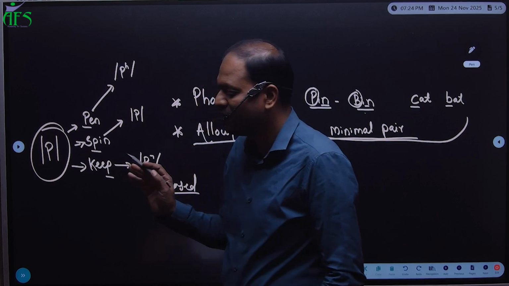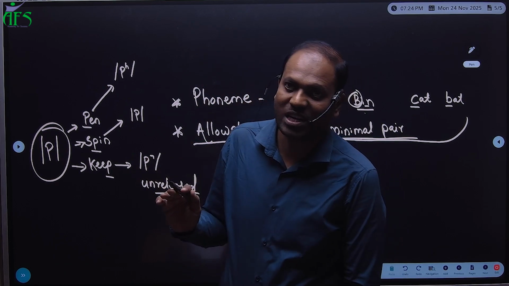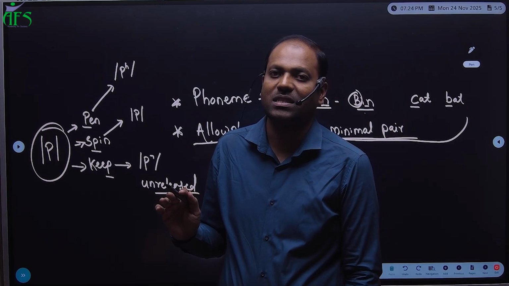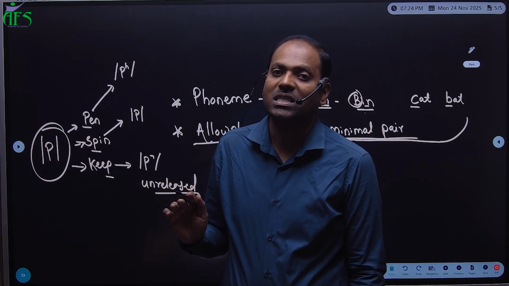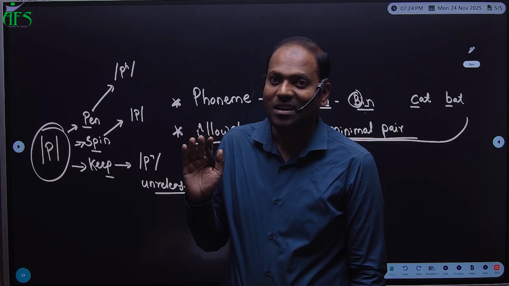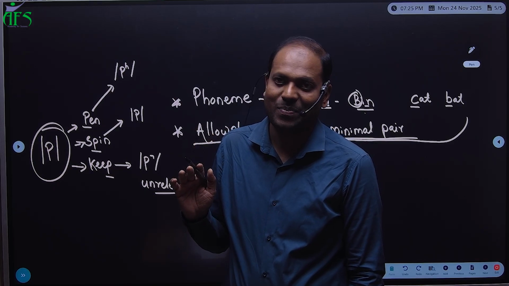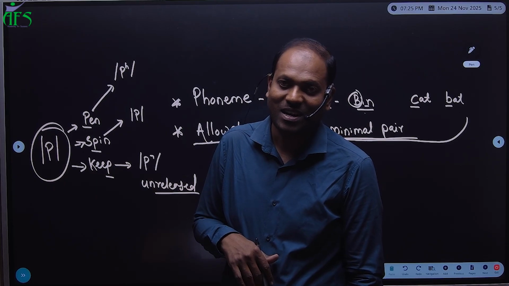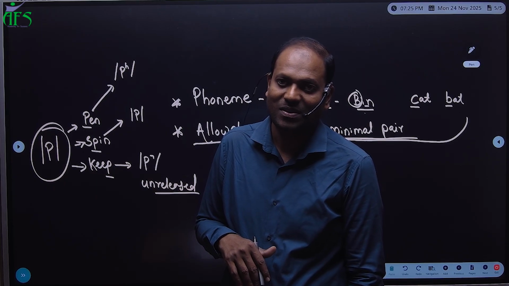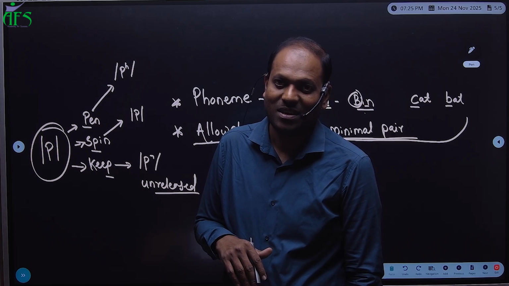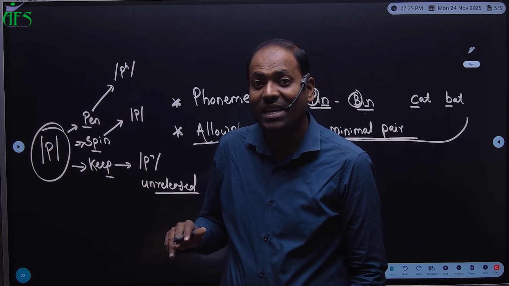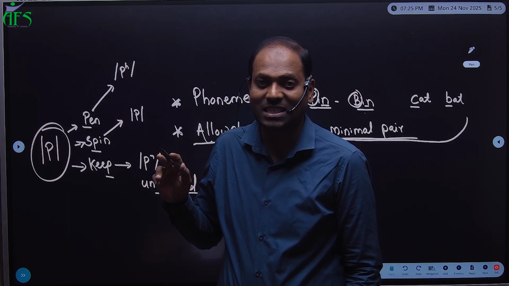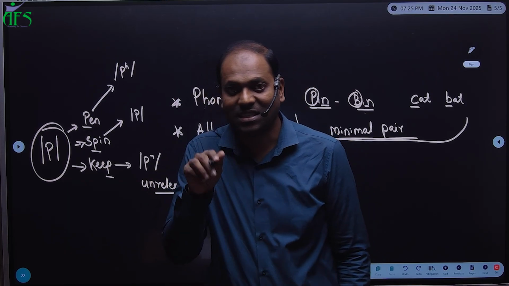It is the same for T also. Kit, T. Like Taylor, not aspirated in the middle, ten.